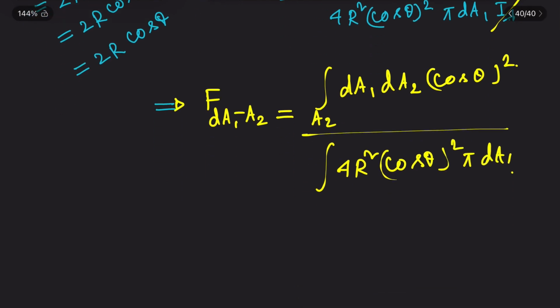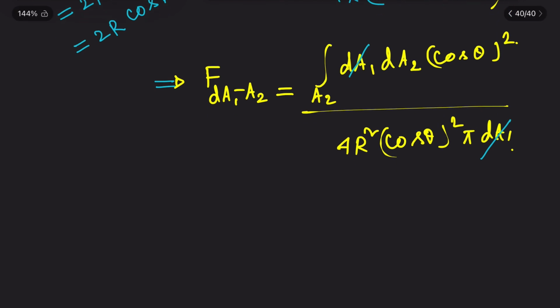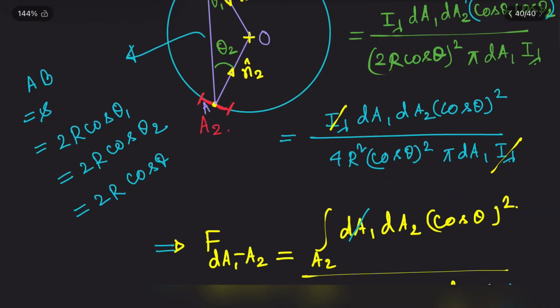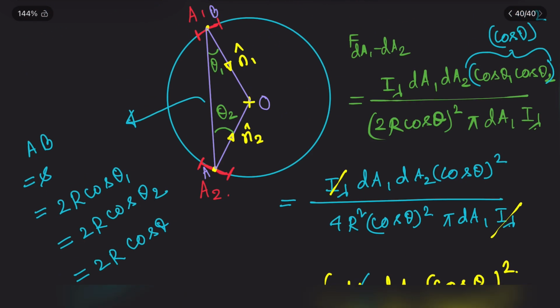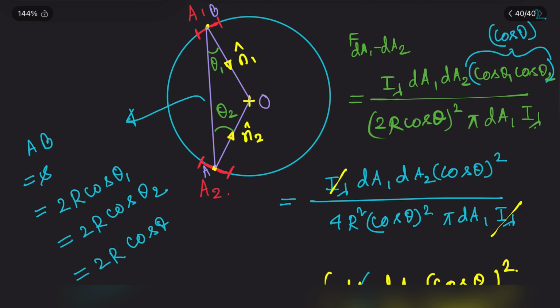Now there will not be any integration because I do not have any A2 here, but for sure now I can cancel out this dA1 thing. Next, see here cos theta square will get out from the integration, because I am integrating over this whole area.